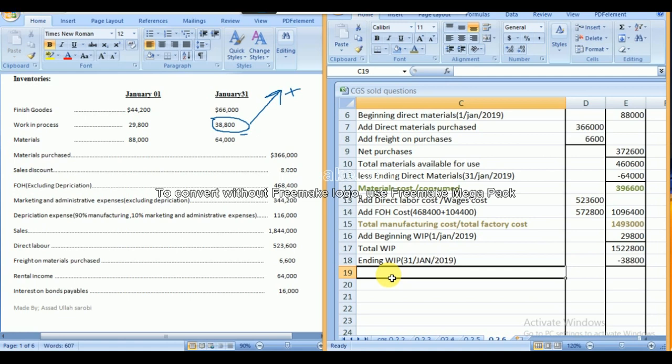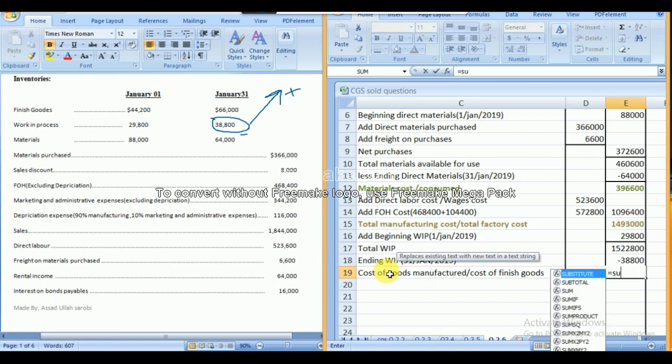So look now, when work in process ends, it means that finished goods are prepared or manufactured. So cost of goods manufactured, or this is also called cost of finished goods. How much?